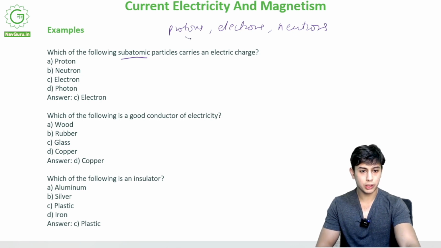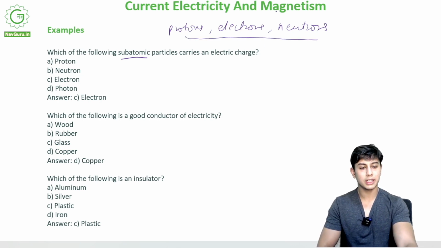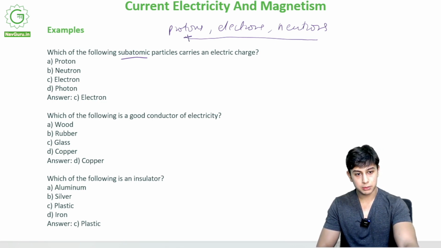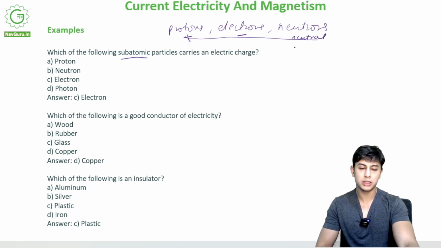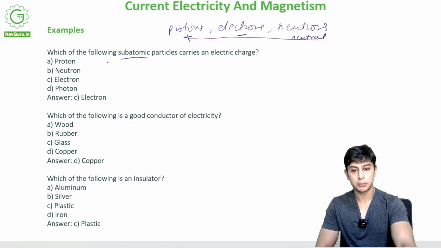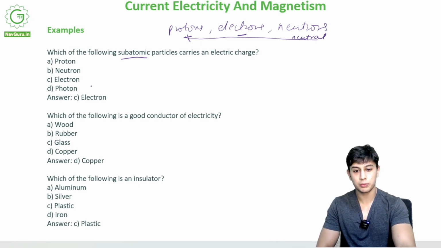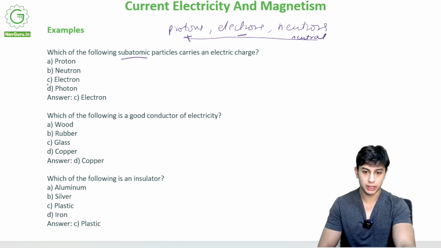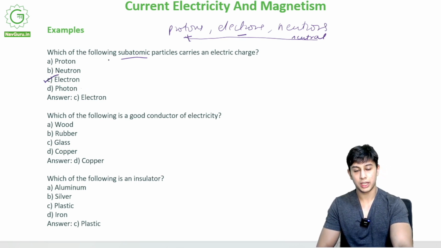Atoms constitute all this. You can't even see these, but they are very small, and they contain charges: positive, negative, neutral. Neutral means no charge. So the subatomic particle that carries an electric charge: proton, neutron, electron, photon. Photon is what comprises light. So electron, electric charge, electron.